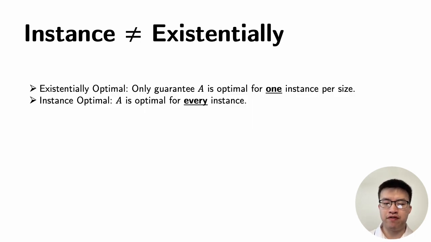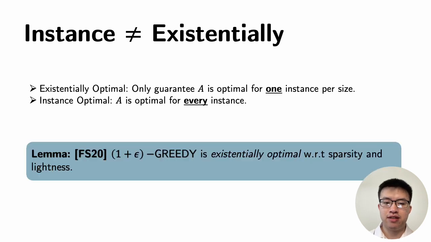Instance optimal is different from existentially optimal. Existentially optimal only guarantees the algorithm A is optimal for one instance per size, and the instance optimal algorithm is optimal for every instance. So Lee and Solomon proved that the 1 plus epsilon greedy spanner is existentially optimal with respect to sparsity and lightness.